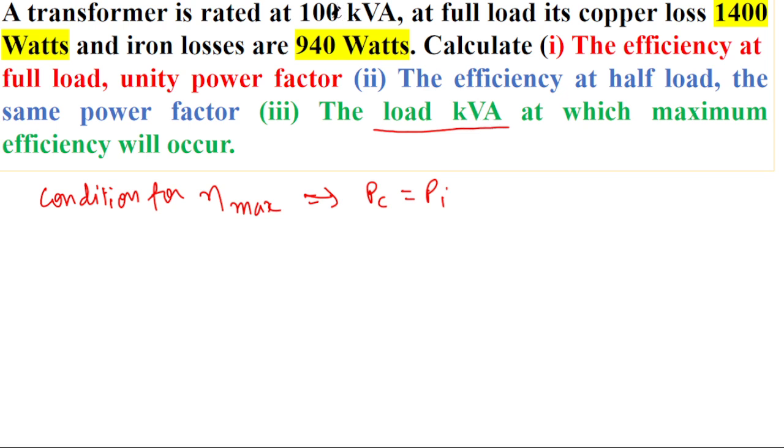At 50% it became 50 kVA. Similarly, now we have to find what kVA it will be. So PC equals PI. PI is constant, it is given as 940 watt. So PC at maximum efficiency is equal to 940 watt.